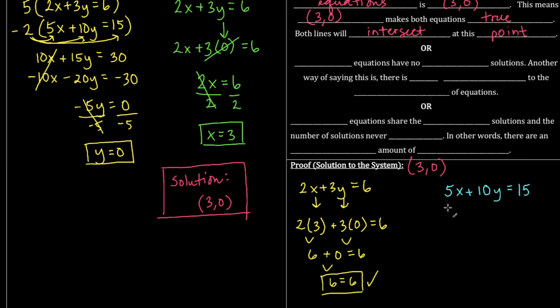And with 3, 0 for x and y, it should be 5 times 3 plus 10 times 0 should give me 15. 5 times 3 is 15, plus 10 times 0, which is plus 0. And 15 plus 0 gives me 15.